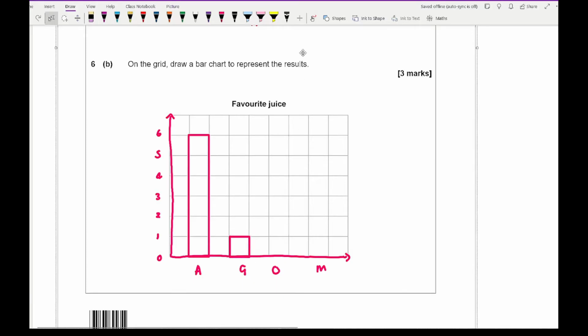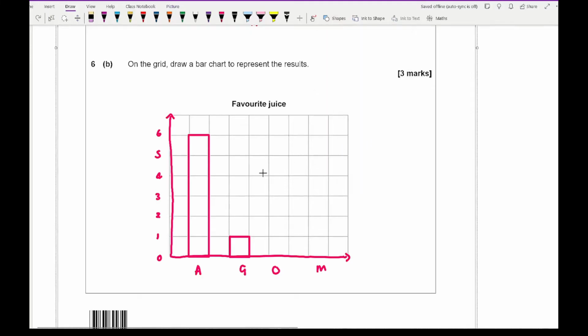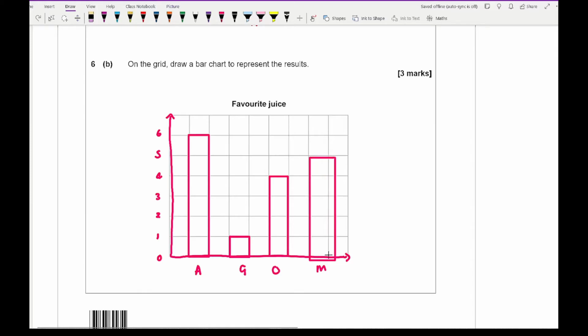There we go. And then for the third one, it needs to go up to 4. Like so. And the final one needs to go up to 5. Hopefully that's not too bad.